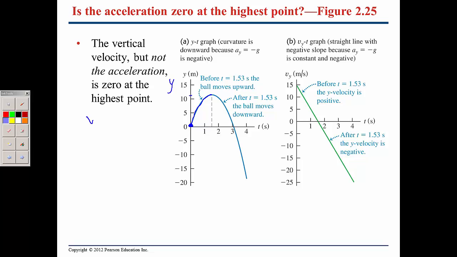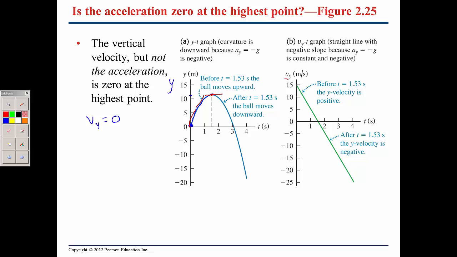It has a y velocity that is equal to 0. It's not moving. Again, the slope of the position versus the time is the velocity, and at the very tippy top, the y velocity is 0.